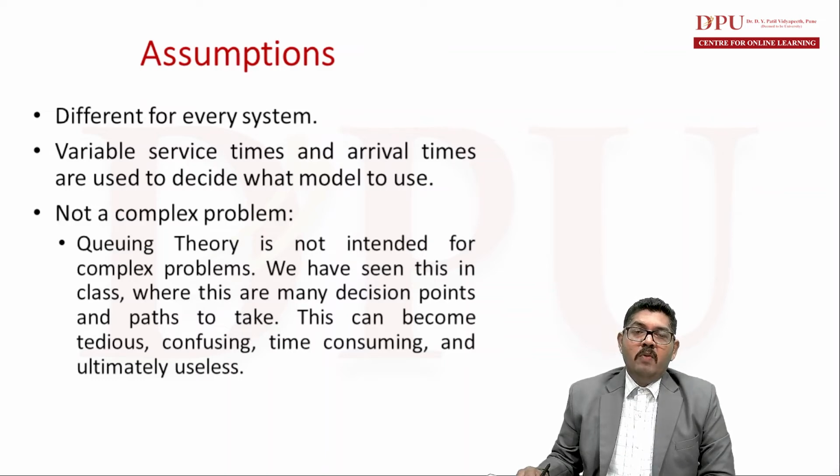Queuing theory is not intended for complex problems. We have seen this in class, and it is there on your Swayam portal as well. Where there are many decision points and paths to take, this can become tedious, confusing, time consuming, and ultimately useless.